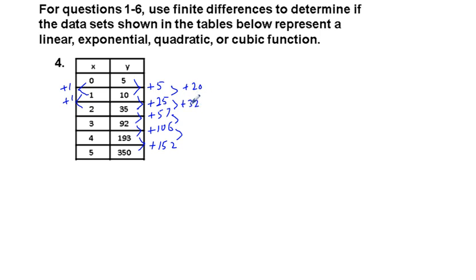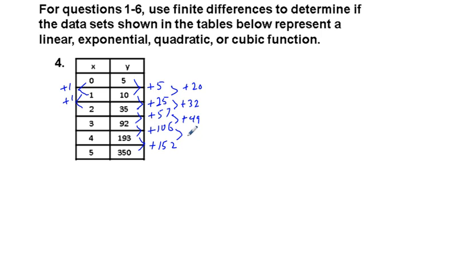Then 106 minus 57, that's plus 59, I believe. Is that right? No, it's not. It's 49. Then we have 152 minus 106.